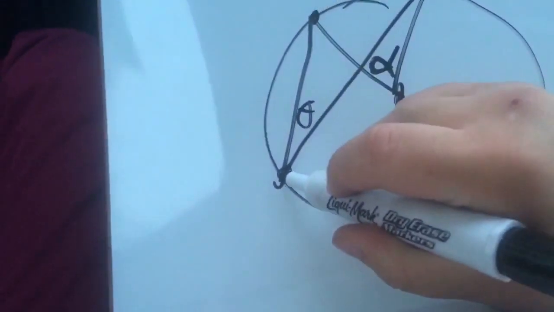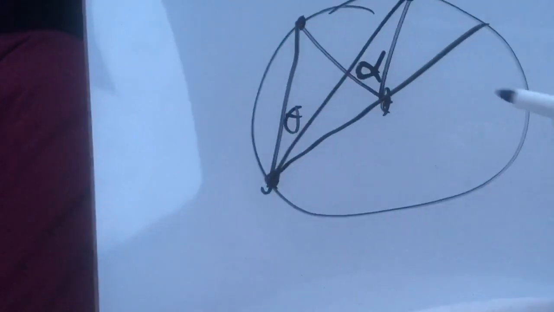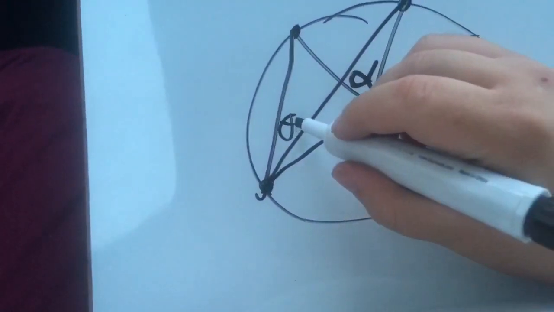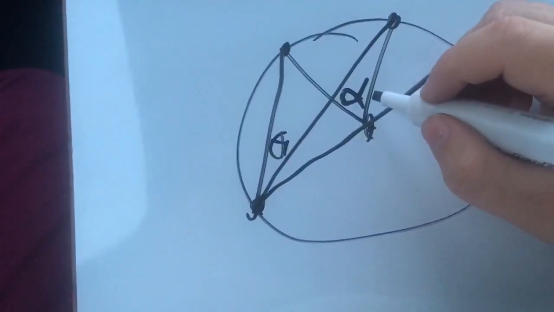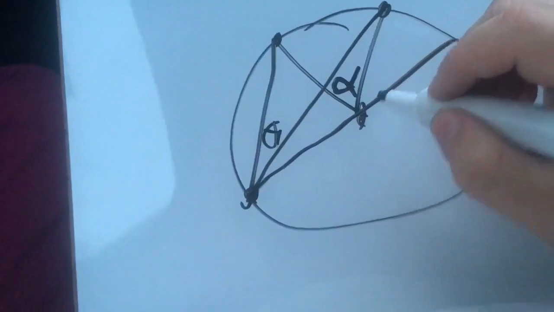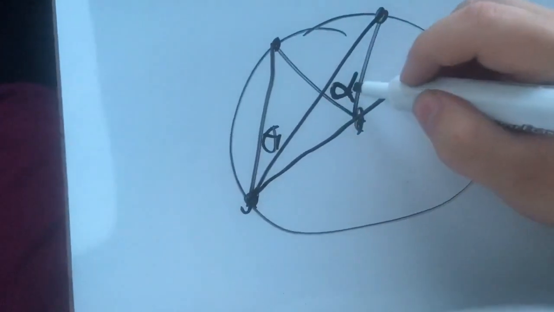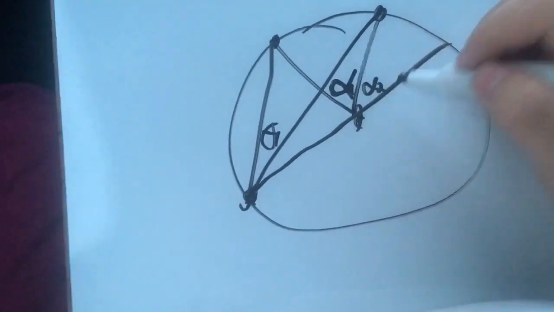The way to prove it, I'm going to use the first proof. Let's draw a diameter. Let's call this theta 1, and let's call this alpha 1. Let's call this alpha 2.